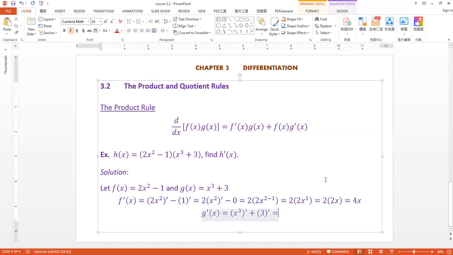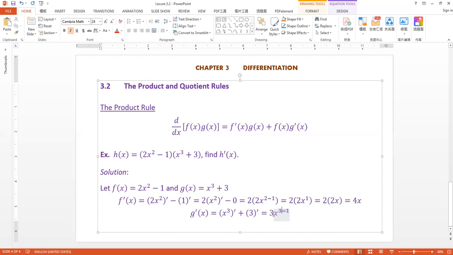So for this first term, we can use the power rule again. So n is 3. The derivative of x to the n is n times x to the n minus 1.